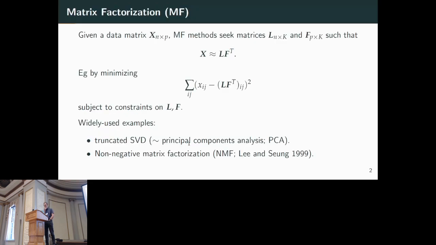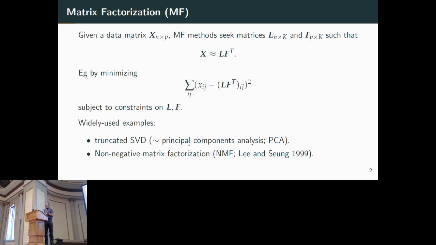So I'm talking about matrix factorization, and you may have an idea of what matrix factorization means, but it turns out I've learned that different people have different ways of thinking about this. So I want to tell you about the way I'm thinking about it to try and get us on the same page.